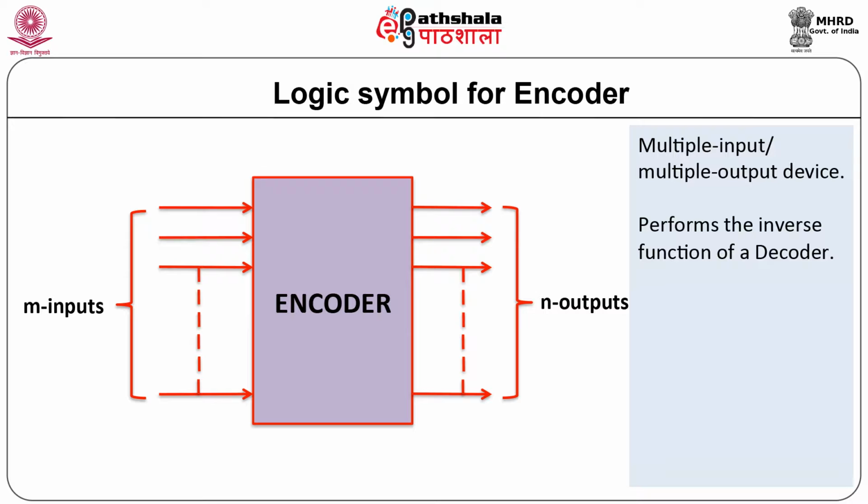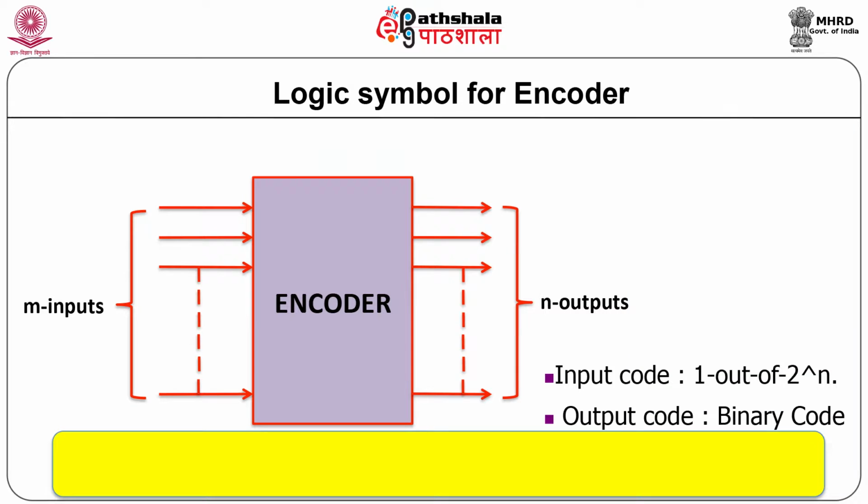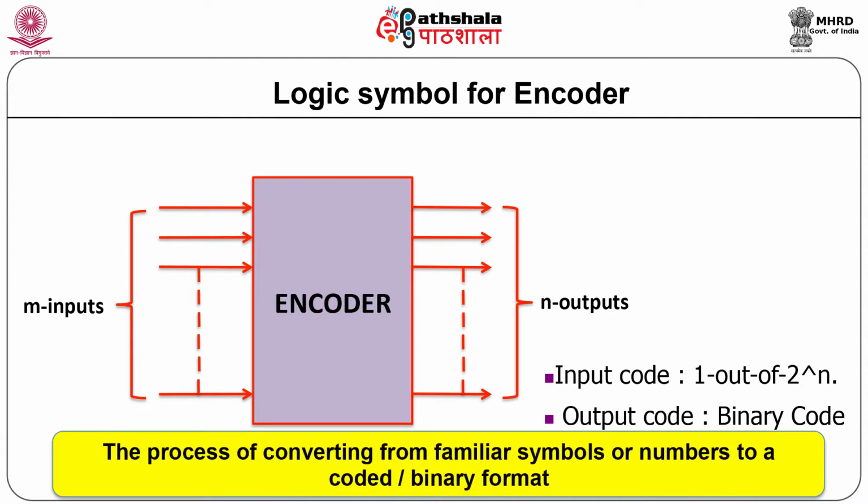The number of outputs n is always less than the number of inputs. Here, the number of inputs has the following relation: m is less than or equal to 2 raised to n. Thus, the encoder accepts an m input digital word and converts it into an n bit digital word.